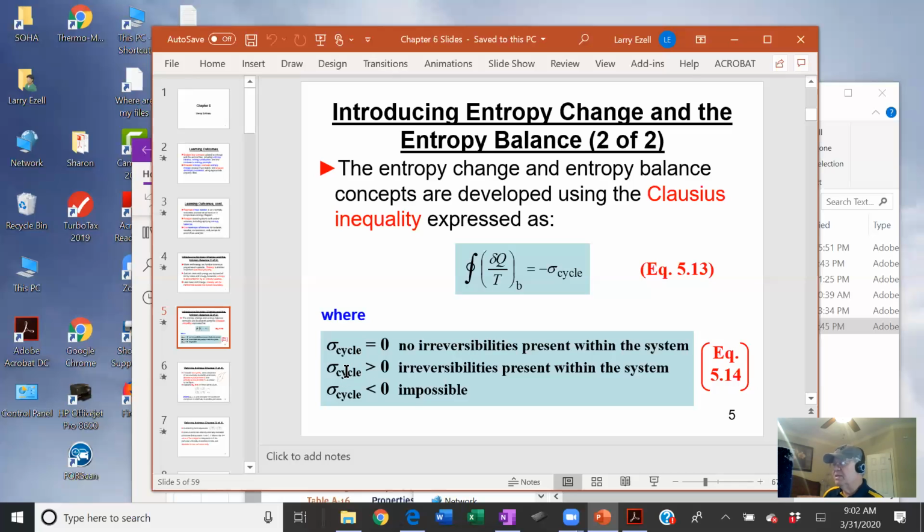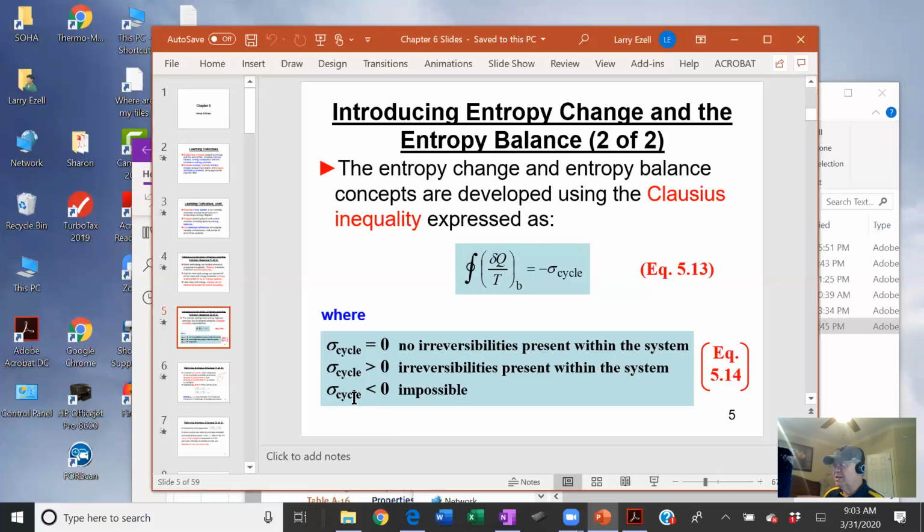If sigma of the cycle, which again is essentially one measure of entropy creation, is greater than 0, this is the common case. This is what happens in everyday cycles. Irreversibilities such as heat transfers, friction effects, leakage effects, all kinds of irreversibilities are present, and that's the way all real world processes go.